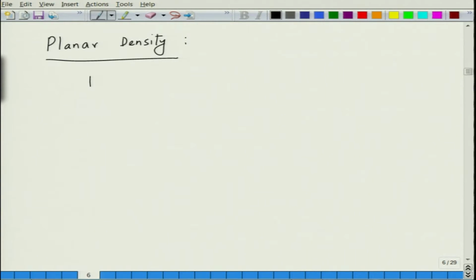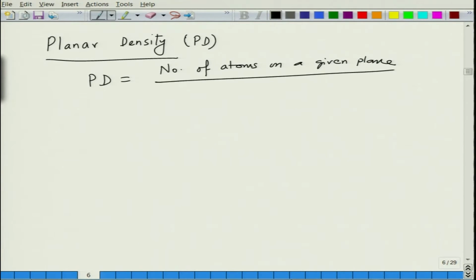Planar density, or PD, is given as the number of atoms on a given plane divided by the area of the plane. So, basically number of atoms per unit area.